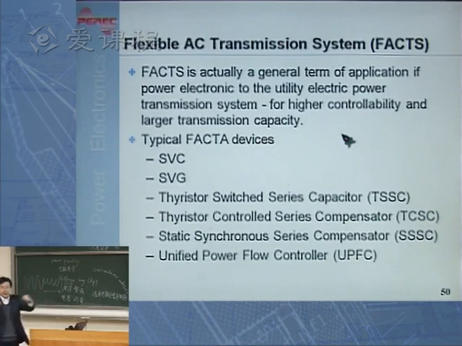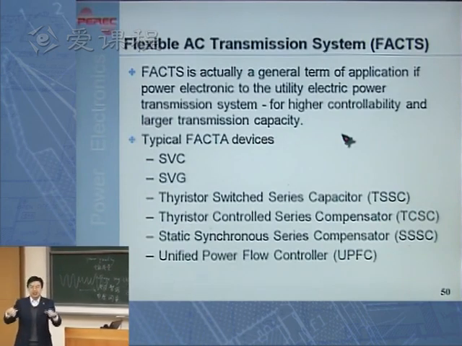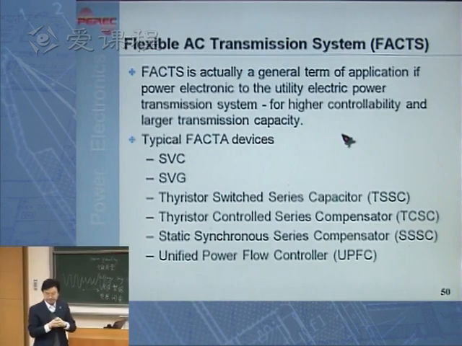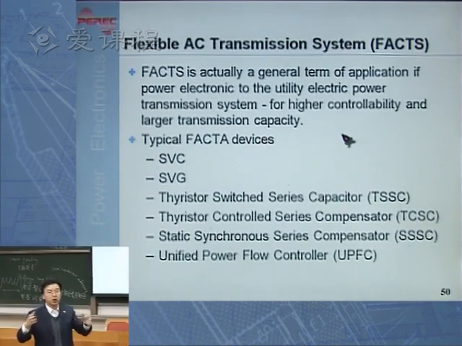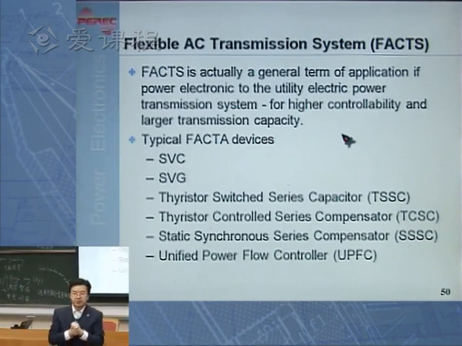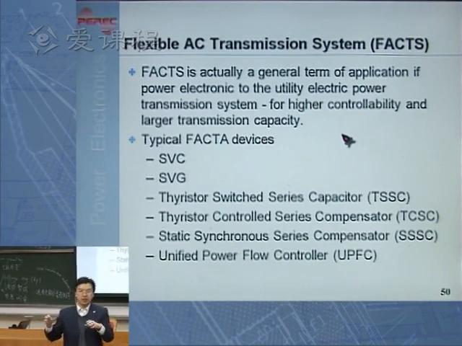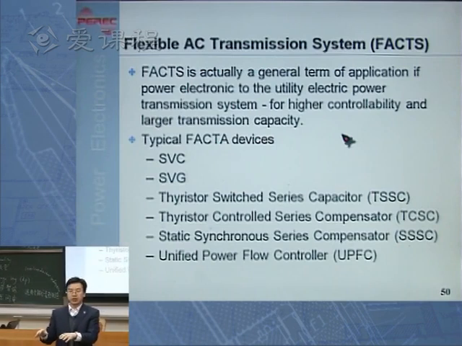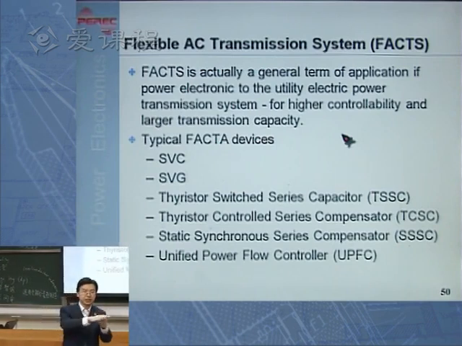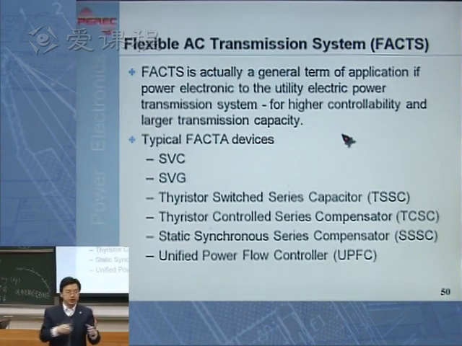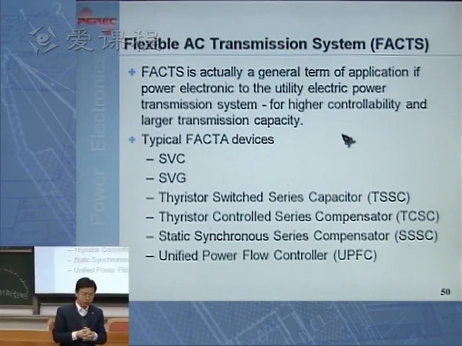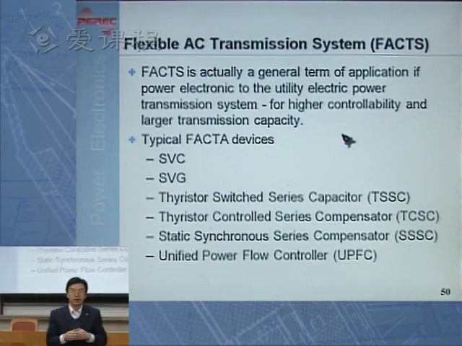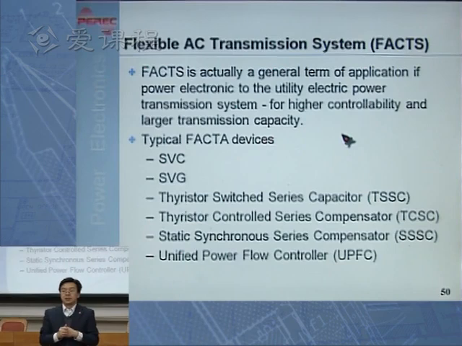Okay? And if you extend this idea to the whole utility system, not only at the load side, but also at the transmission line and the distribution line, the power converter, power electronics, can also do a lot of things there. Okay?